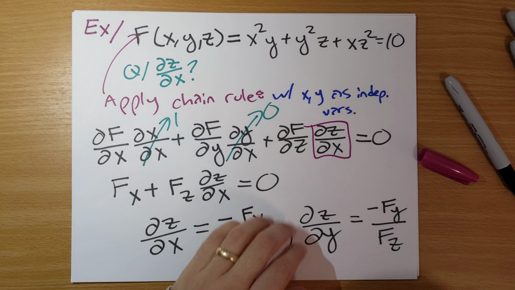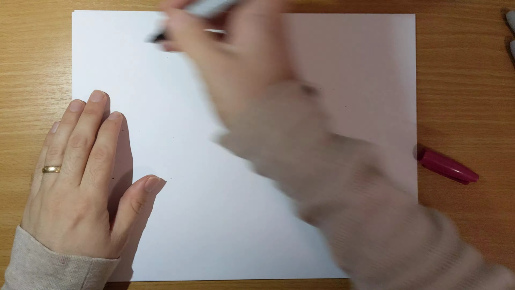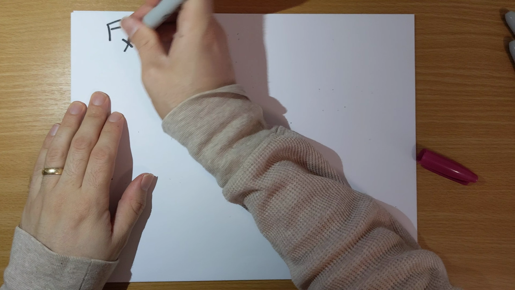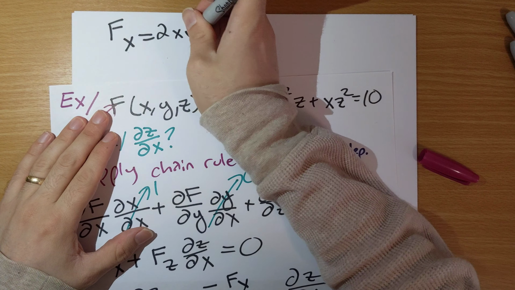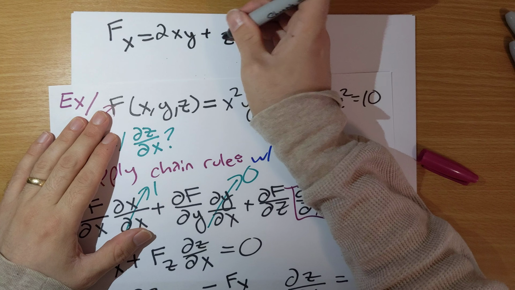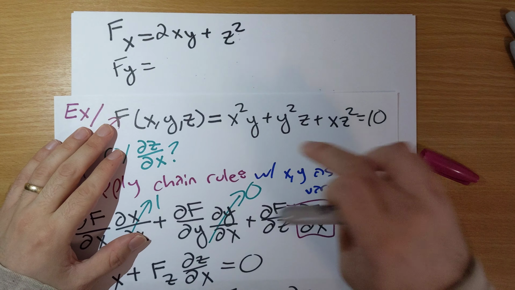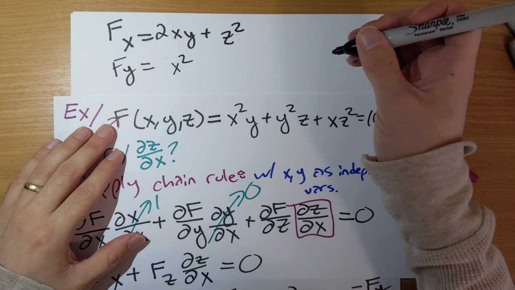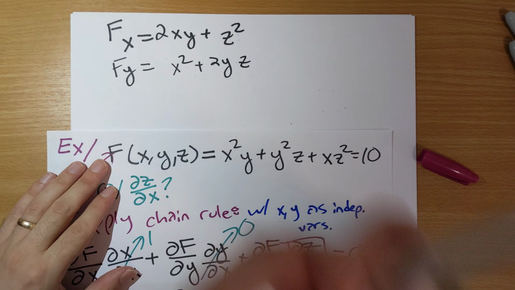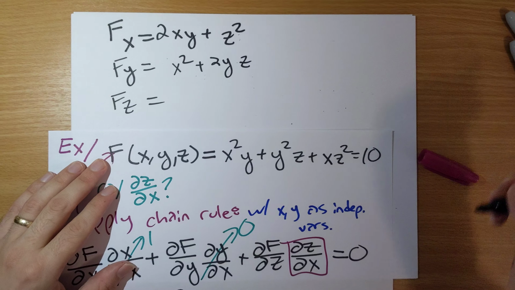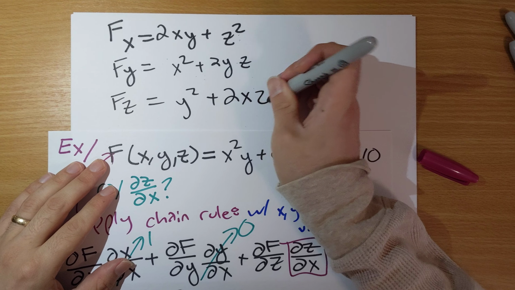Okay, so to answer the question that we've asked here, f sub x, the x partial derivative, will be 2xy plus z squared. The y partial derivative will be x squared plus 2yz. And the z partial derivative will be y squared plus 2xz.